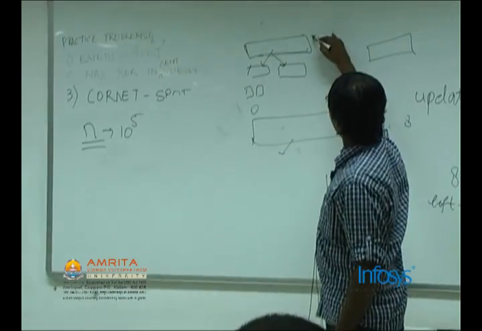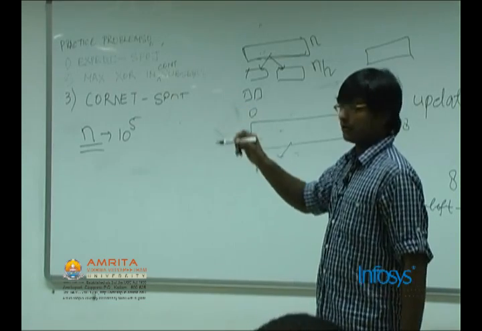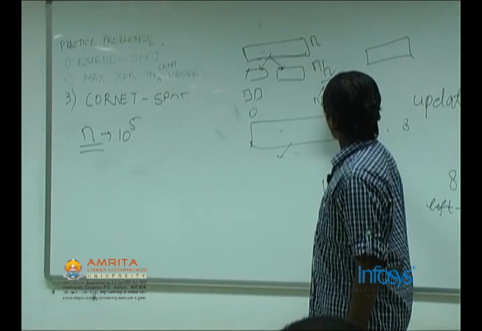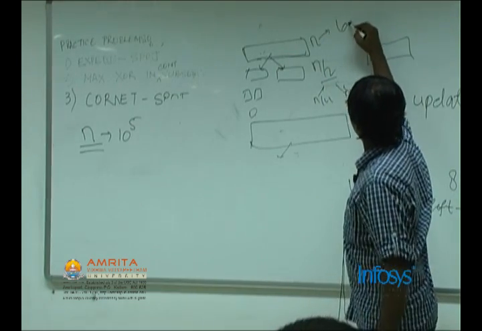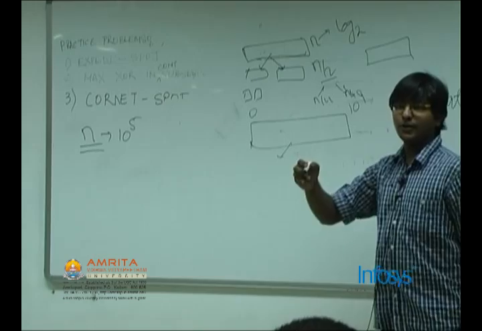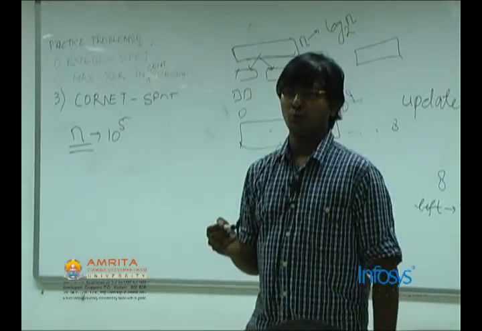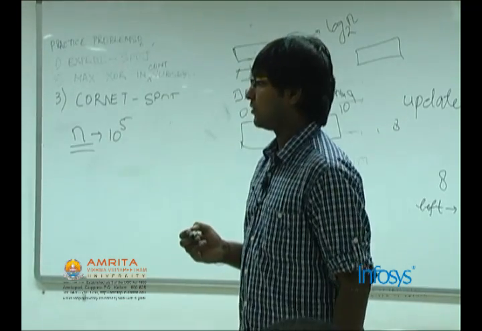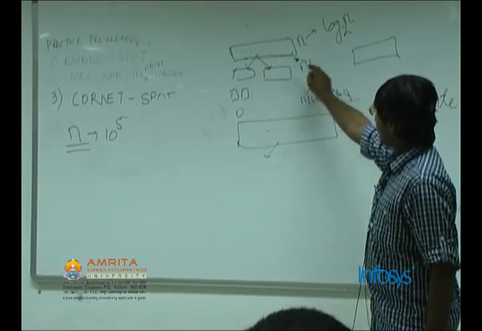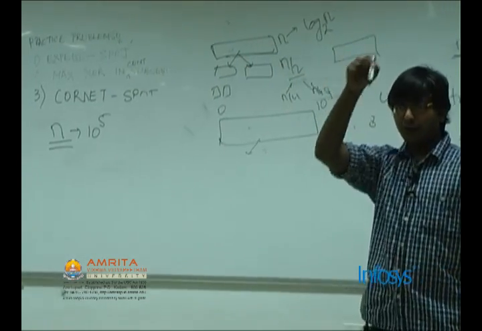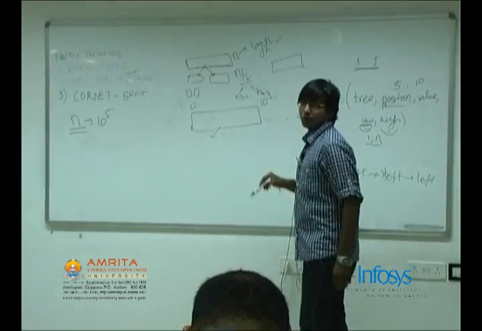So if we started with n, we go to n by 2, either direction, and again n by 4. So clearly the depth of the interval tree would be log n to the base 2. Since at each step we go one step deeper, we can't go deeper than log n to the base 2.